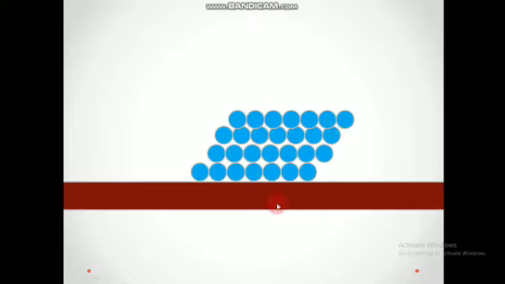Not only that, the first layer touching the stationary object is also acting with a force on the second layer, and the second layer is also acting with a force on the third layer.